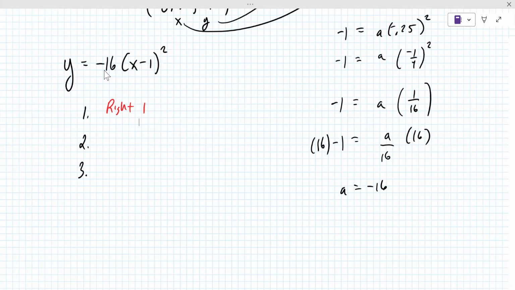The -16 does two things. It will reflect it over the x-axis, and it'll also stretch it by 16. All right, good.